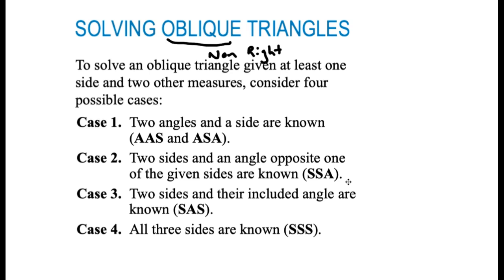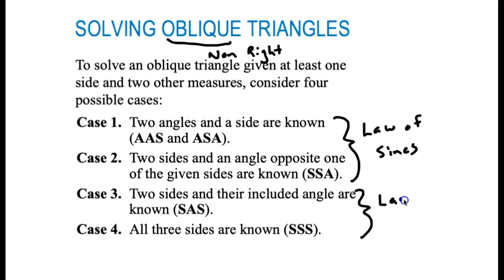Okay, so for these first 2 cases, we're going to use what's called the law of sines. And then for these other 2 cases, we are going to use the law of cosines.